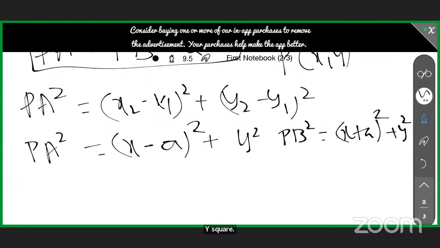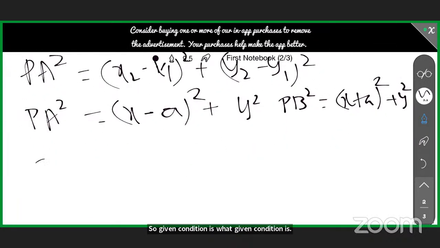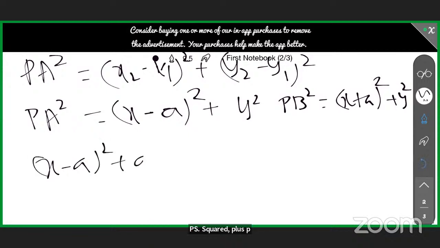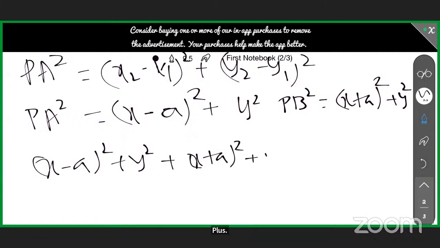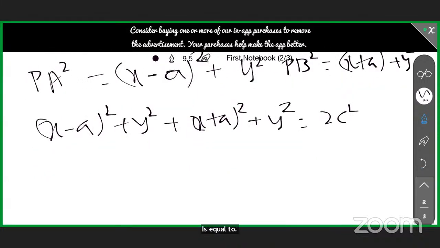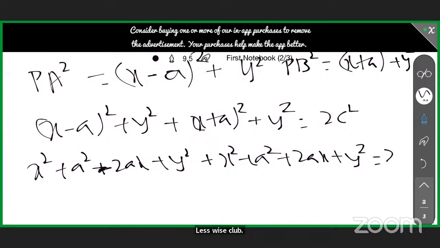So the given condition is PA square plus PB square is equal to 2c square. That will be (x minus a) whole square plus y square plus (x plus a) whole square plus y square is equal to 2c square. Simplify this: x square plus a square minus 2ax plus y square, plus x square plus a square plus 2ax plus y square is equal to 2c square.